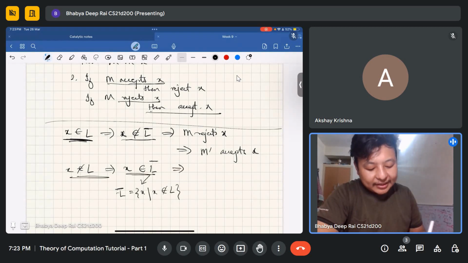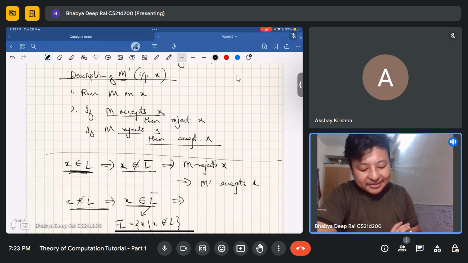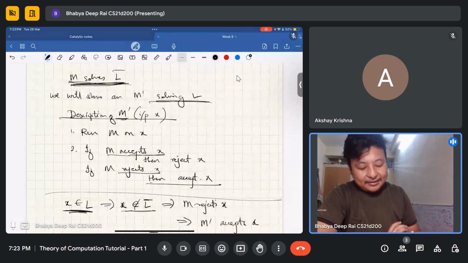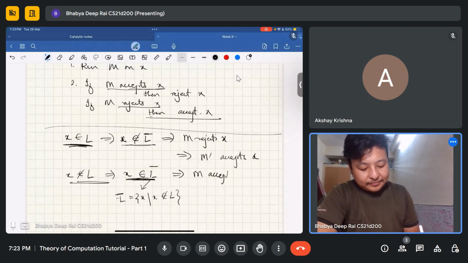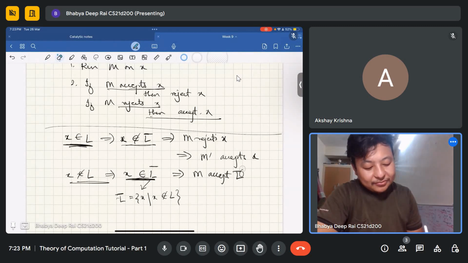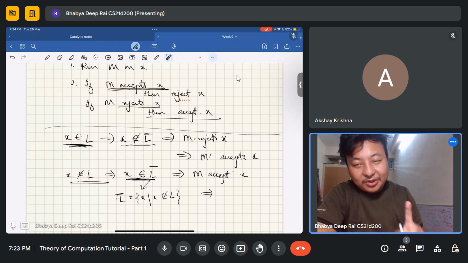Next, x is in L bar and M is supposed to decide L bar, so M will always accept the string x. If M accepts the string x, then what are we seeing?